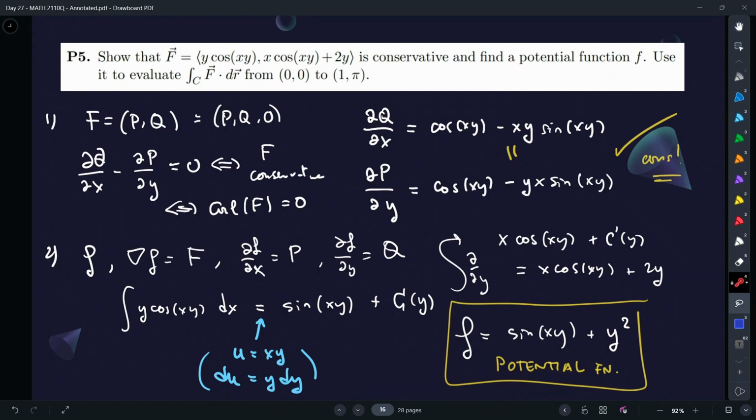So it's sort of like this, except that there are three steps: you integrate, take the derivative, integrate, take the derivative, and then there's one last integral you have to do to figure out the last constant function, which is just with respect to z. In that one, you take the derivative, integrate, and then you figure out the total function.